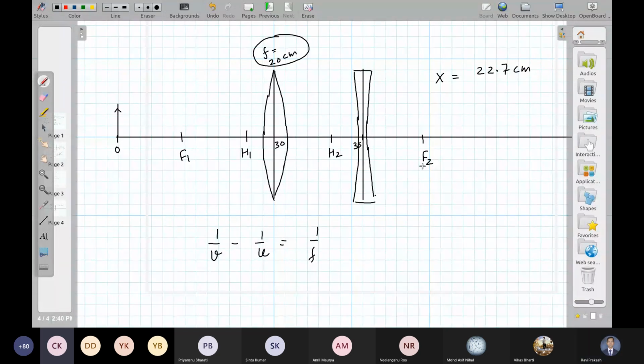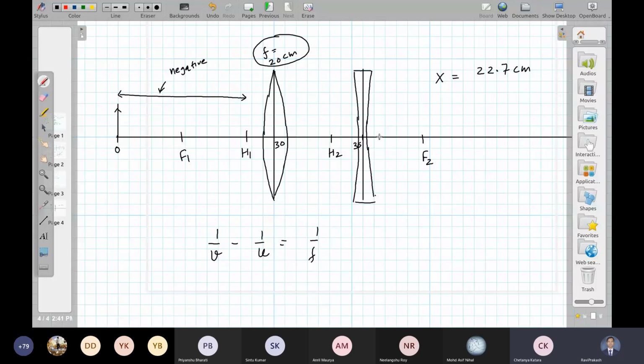Now what is u? If you are asked to find the image, what will your u be? U is this value. How much will this be? Some negative number. Why? Because if all these markings are correct, then you can see the object is on the left side of H1.